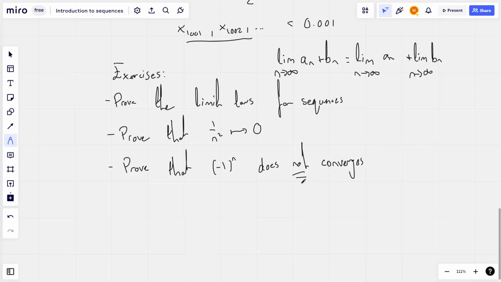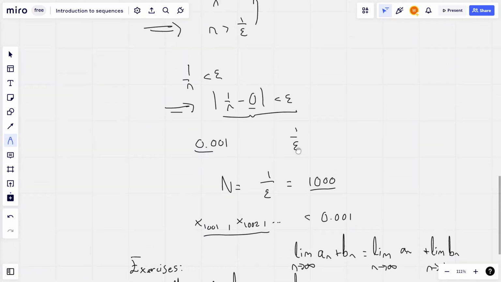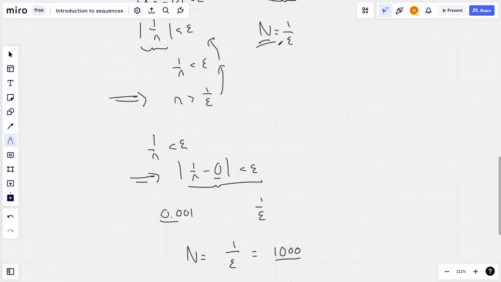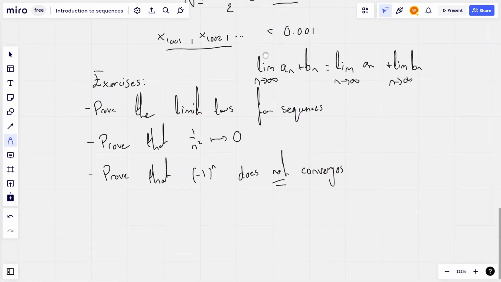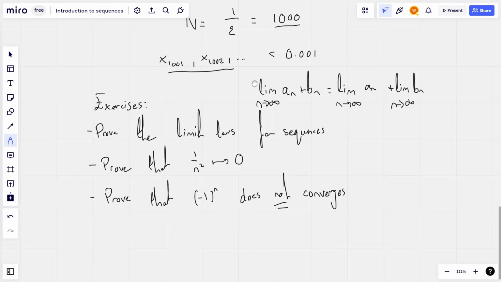That is, it diverges, and therefore we cannot find some natural number N such that every distance is going to be less than epsilon.